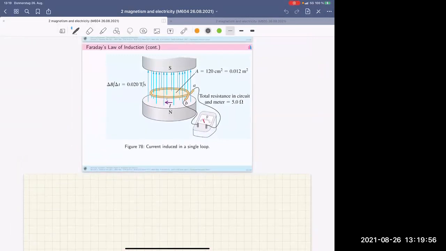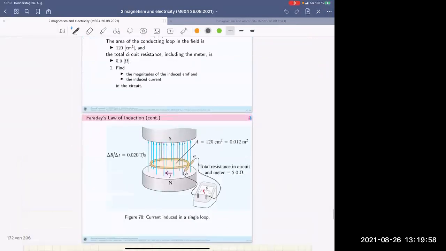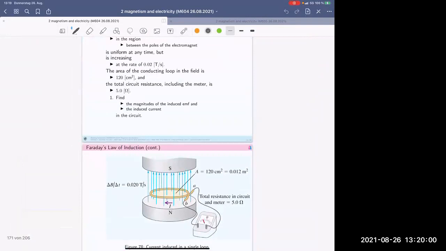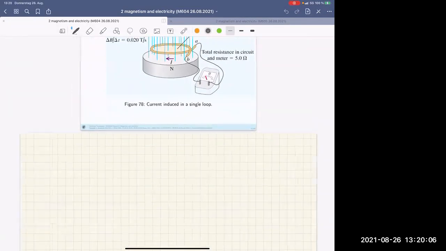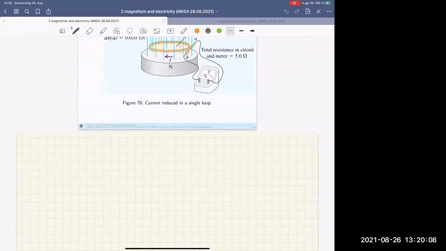How to do that? They asked us about the magnitude of the induced EMF, right? So we have to consider the formula by Faraday, which is epsilon equals minus N delta phi B by delta t.